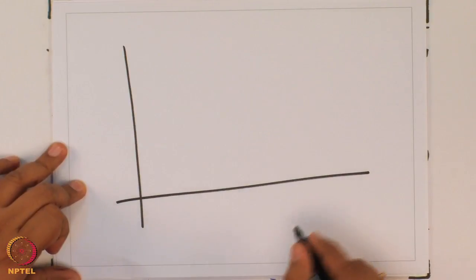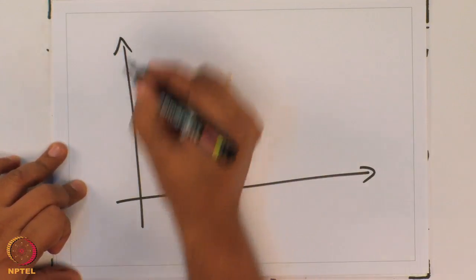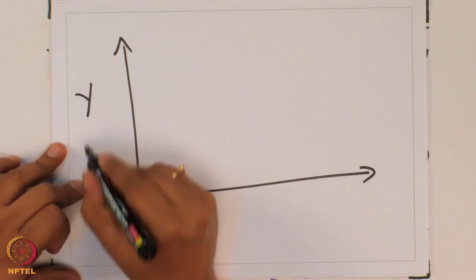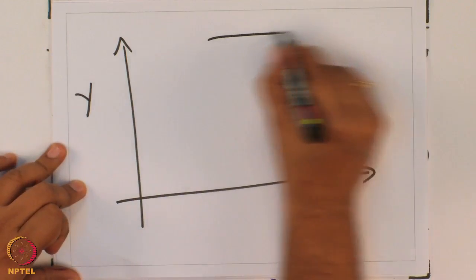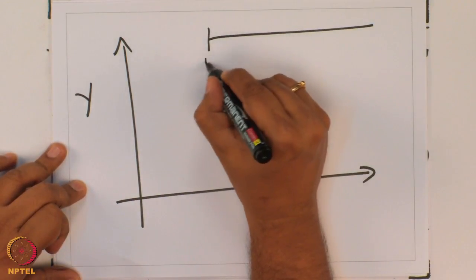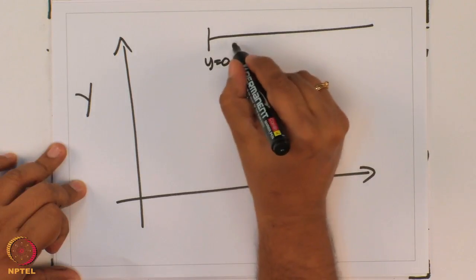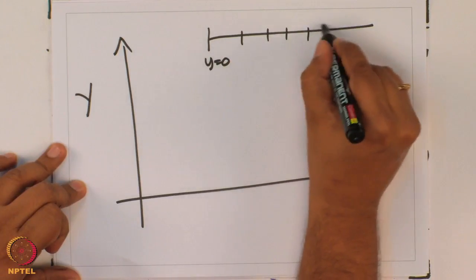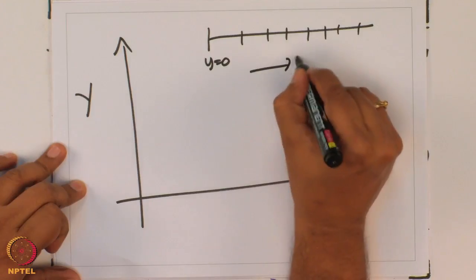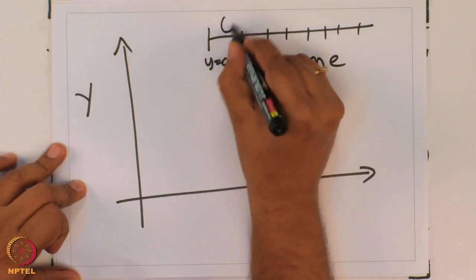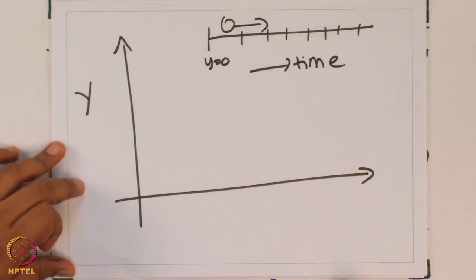In these experiments, y is the position along this track. This is y is equal to 0, this is y is equal to 1, 2, 3, 4, different positions as a function of time, moving along this track.